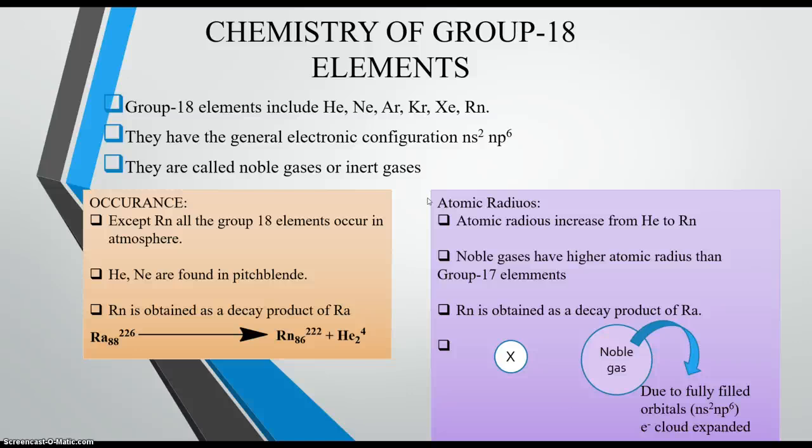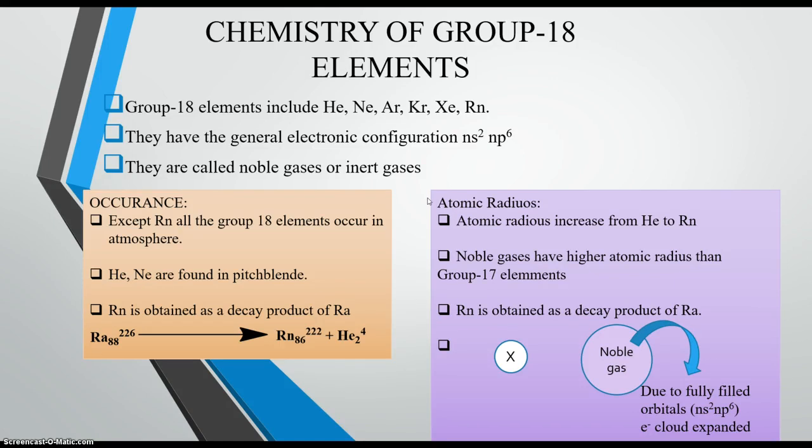Following that trend, group 18 elements would be supposed to have smaller atomic radii than group 17 elements, but actually group 18 elements have atomic radii larger than group 17.